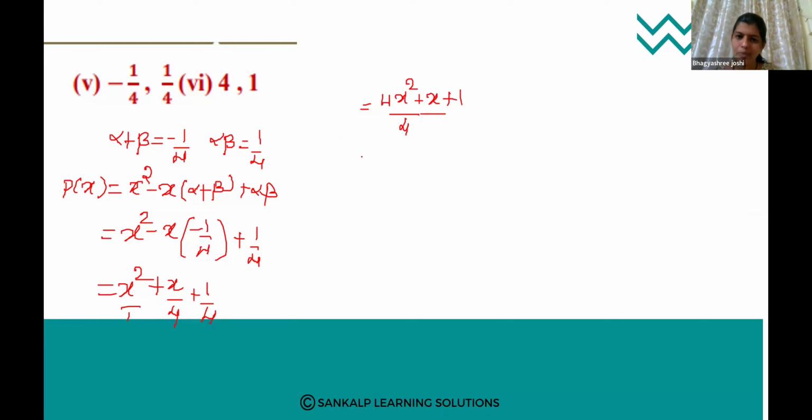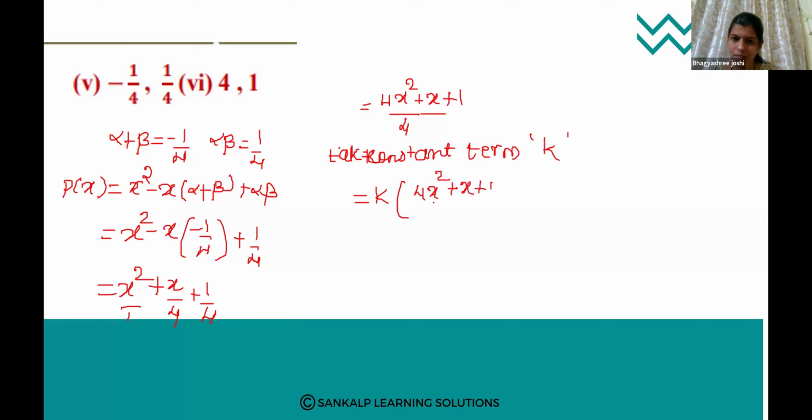Next step, take one constant term k. Why? In order to remove this denominator. Right? So k into 4x square plus x plus 1 divided by 4.